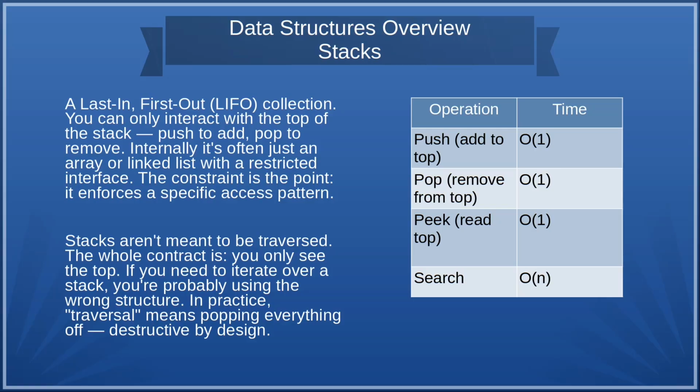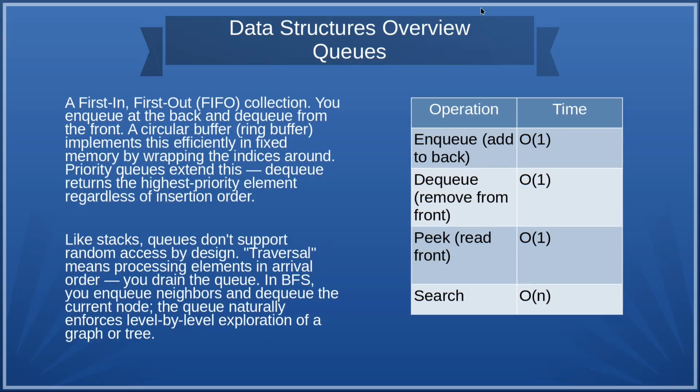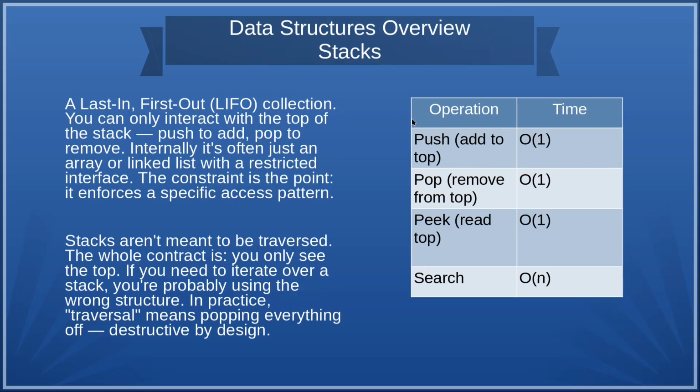If you need to iterate over a stack, you're probably using the wrong structure. In practice, traversal means popping everything off. Destructive by design. So think of an undo button. The more changes you do and you undo, it's just going to reverse the thing you've just done.